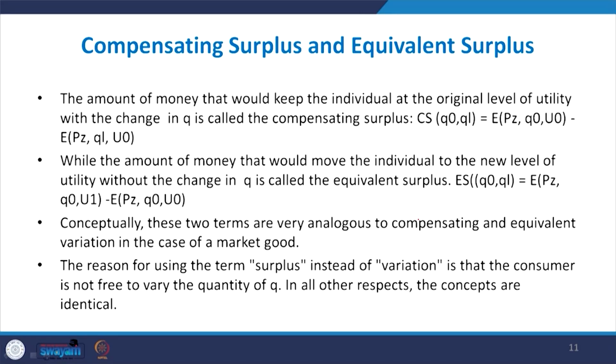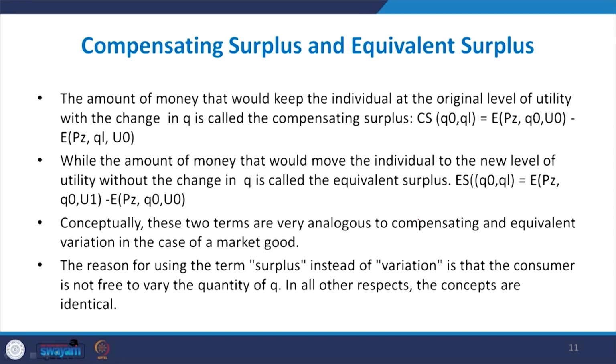That is called equivalent surplus, meaning how much money is required for the consumers, without a change in environment, to reach the higher level of indifference curve from U0 to U1. That is called equivalent surplus. Conceptually, these two terms are very similar to compensating and equivalent variation, which I already explained to you.